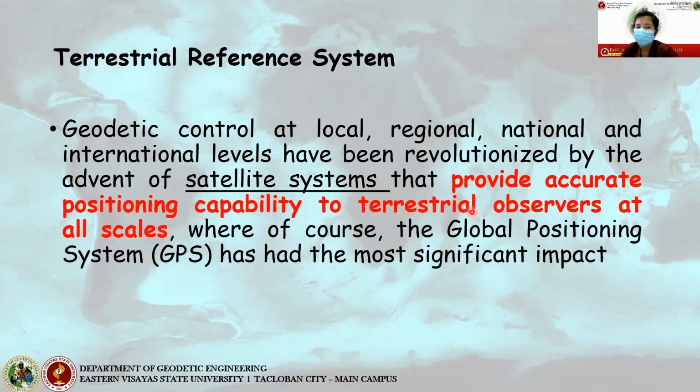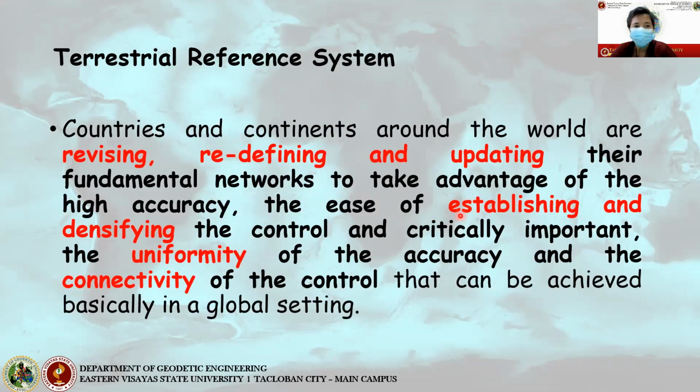For example, with the Global Positioning System, the countries and continents around the world are revising, redefining, and updating their fundamental networks to take advantage of the high accuracy and ease of establishing and densifying the control, and, critically important, the uniformity. The main purpose of why we are redefining is uniformity.